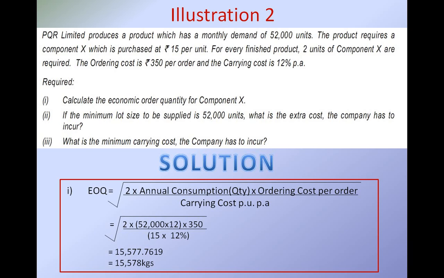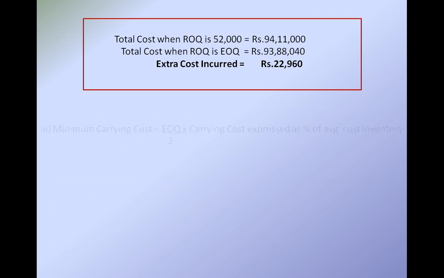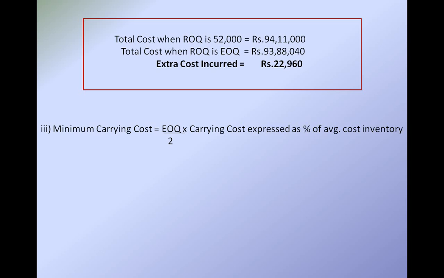So if you look at this, we've already found out the carrying cost when the order quantity is the economic order quantity, and the answer is 14,020. So that is exactly the answer. Minimum carrying cost is the economic order quantity divided by 2 into the carrying cost expressed as a percentage of average cost inventory, and the answer is 14,020.